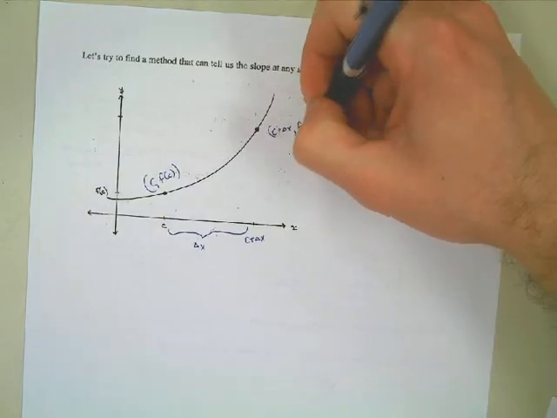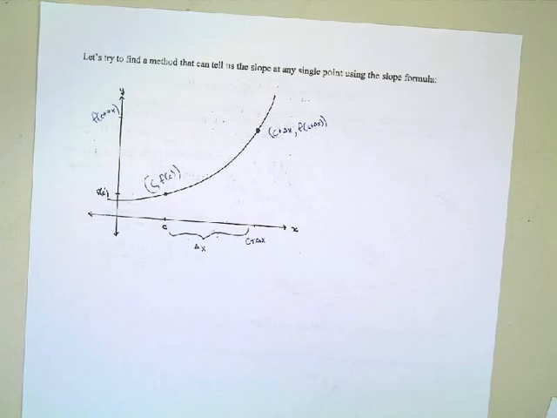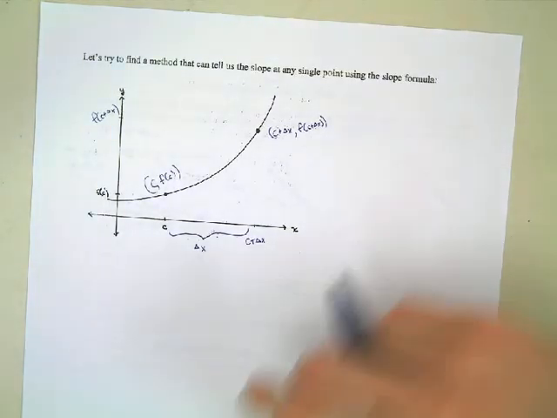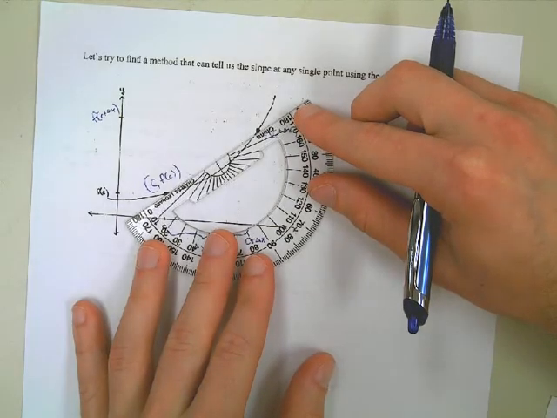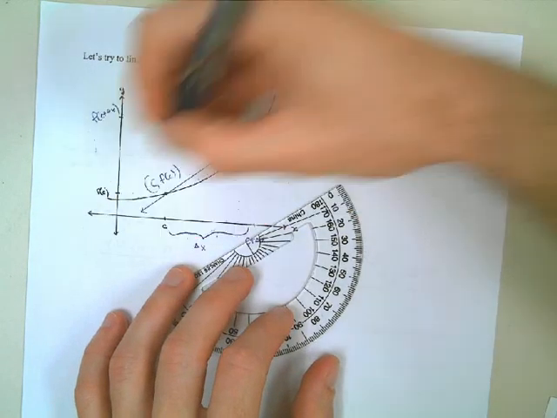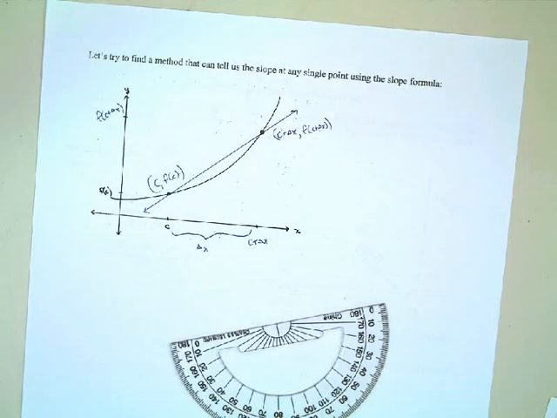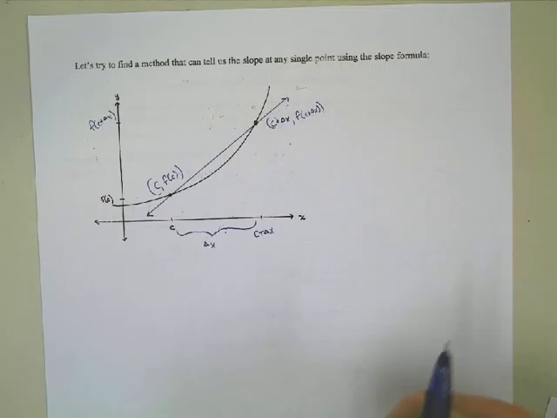And this is f of c plus delta x. I'm going to draw in my secant line again. Okay. So just relabel everything there.